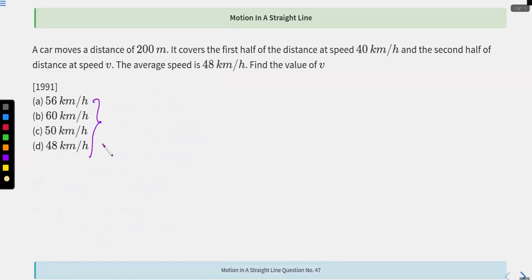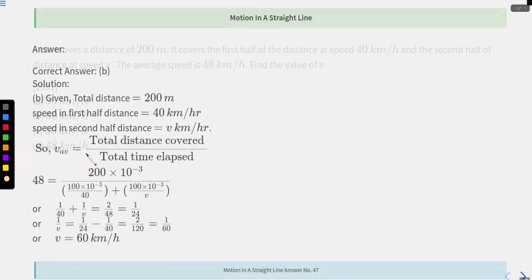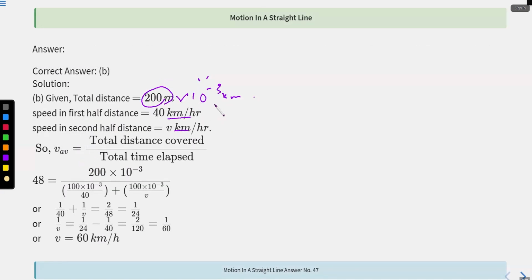Yeah, your options are in kmph. So you have to convert this meter into kilometer. Okay. It's a pretty straightforward question. Total distance was 200 meters, which is 200 into 10 to the power minus 3 kilometers. Correct? Kilometer. All right.